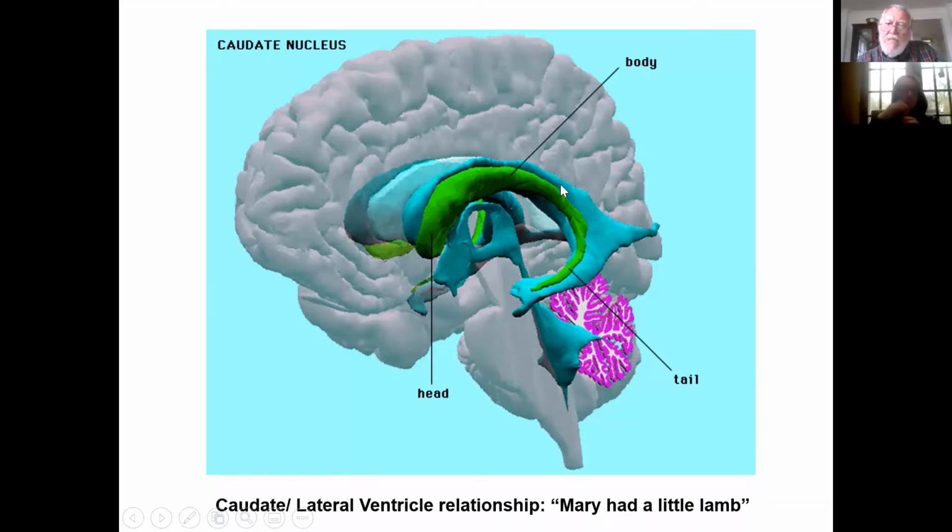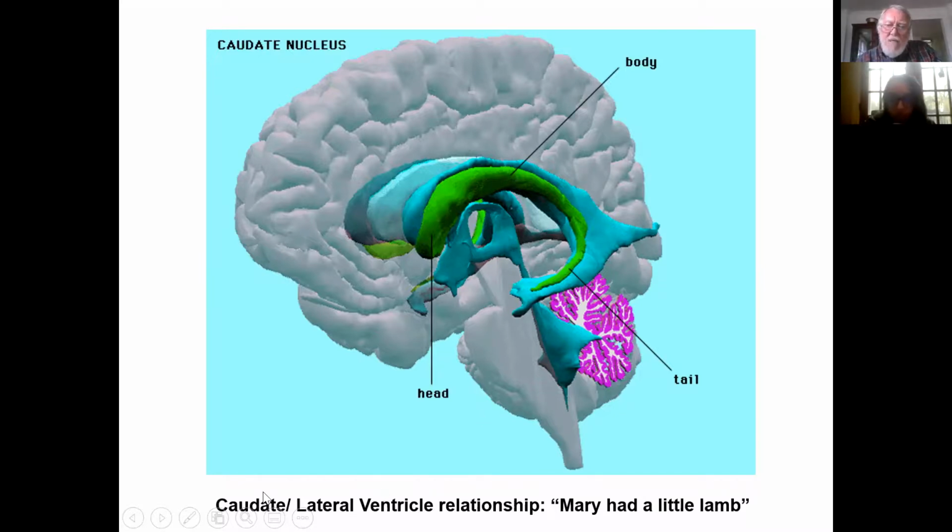Then the body of the caudate nucleus corresponds to the lateral surface of the body of the lateral ventricles in the parietal lobe. And then the tail of the caudate nucleus is much, much thinner, forming the lateral surface of the inferior horn of the lateral ventricle.